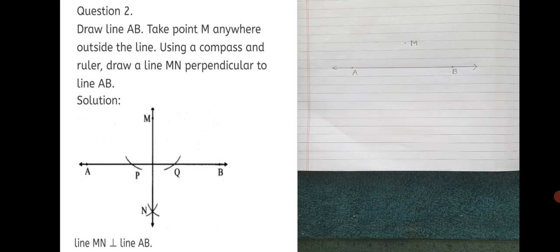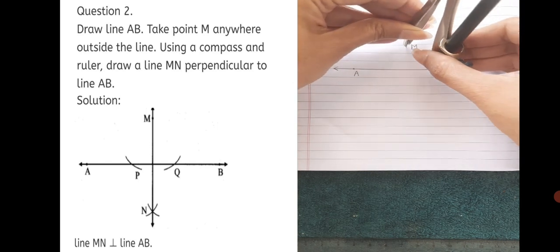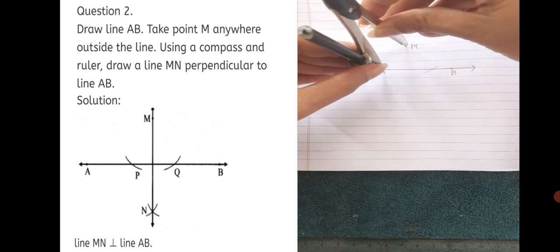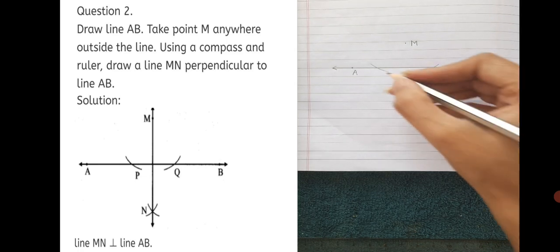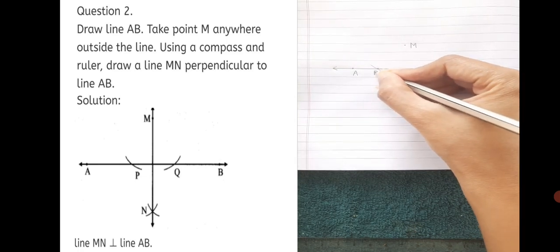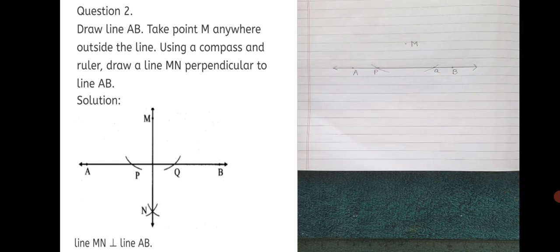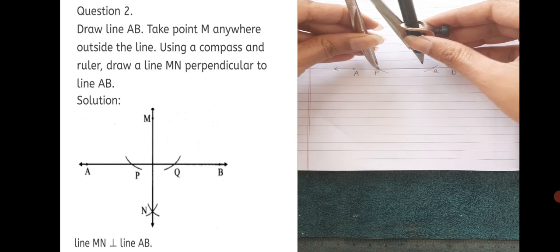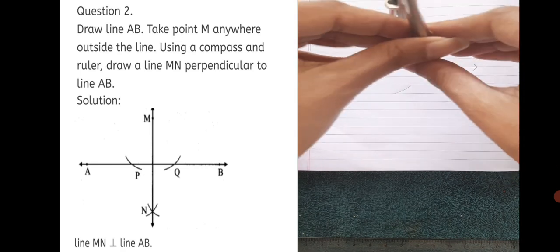Now using a compass, we are going to place the pointer of the compass on point M and draw arcs intersecting line AB at two different points, one near B and one near A. Once we have drawn the two arcs, first we will name the points, point P and point Q. Once we have named the points, we can place the pointer at point P and take more than half the distance PQ and mark an arc below line AB.